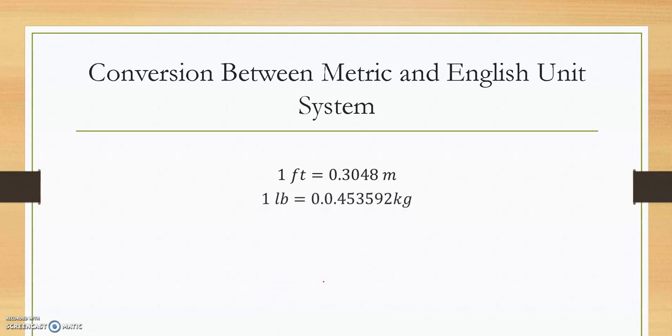Also, in terms of mass, we have 1 pound equivalent to 0.4535. I'm sorry, a correction, we have an error here. So 1 pound is equivalent to 0.453592 kilograms. Also, 1 gallon is equivalent to 3.7854 liters.